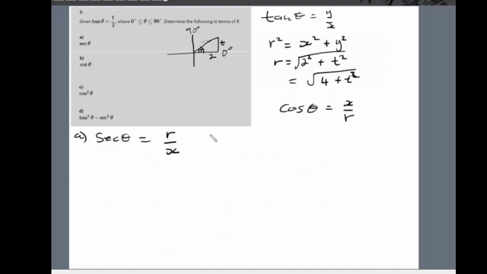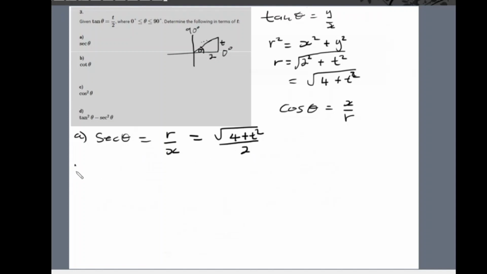So now we know the value of r is the square root of 4 plus t squared, and we know the value of x is 2. So sec theta will be equal to the square root of 4 plus t squared over 2.